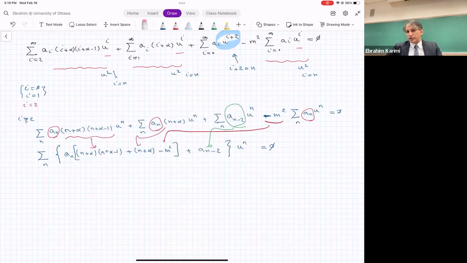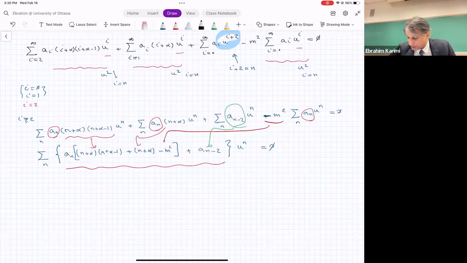The same situation happens here. So the summation of infinite powers is equal to 0 for any arbitrary u value. So in order to be true, the coefficient for each individual series should be equal to 0.